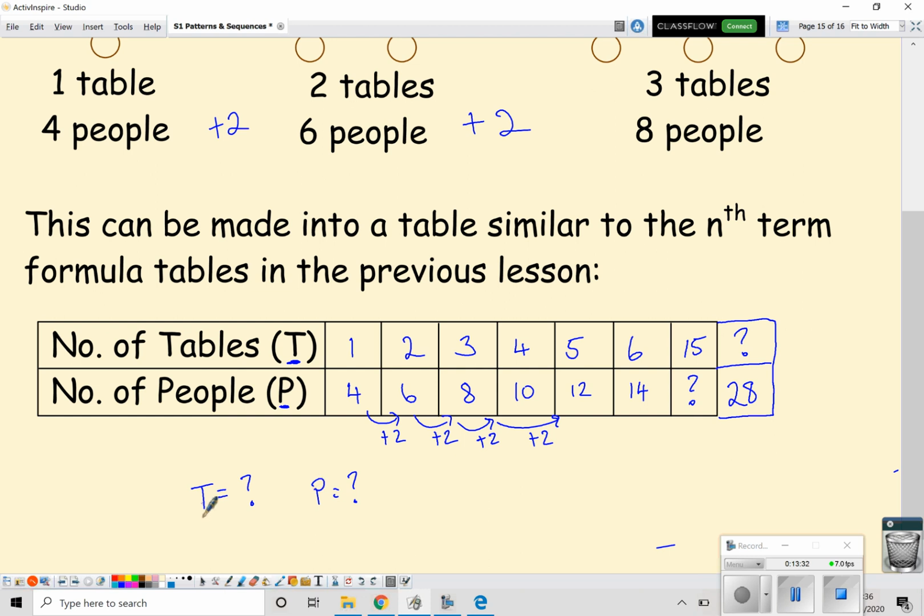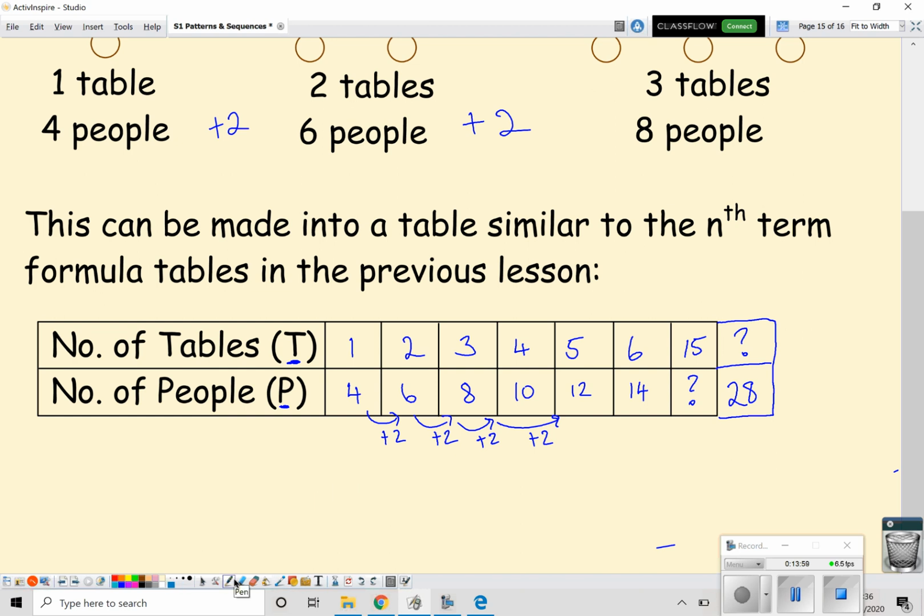If it's P that's on the bottom row, as it is here, number of people, that's what my formula is going to be equal to. It's going to be P equals. We never have it equal to the value that's on the top row of the table. So let's get rid of T equals. Get rid of that as well.